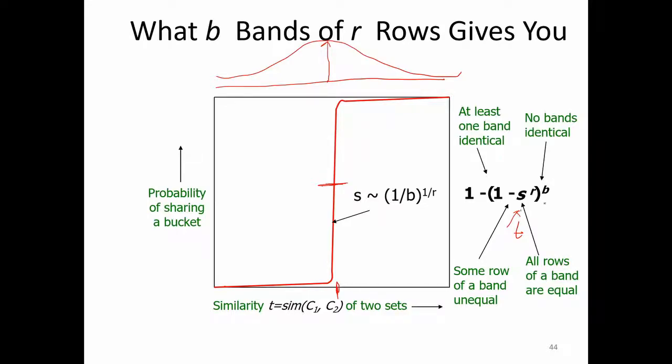If we differentiate the derivative, that is, take the double derivative and equate it to 0, we will see that the value of s comes out to be roughly 1 by b to the power 1 by r. So basically, if you are given a similarity threshold s, you can design b and r such that this holds.